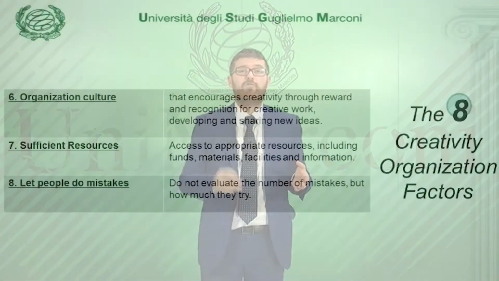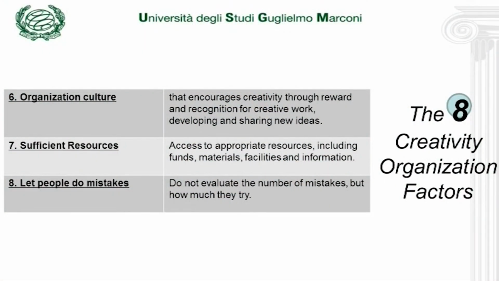Then you have to consolidate an organizational culture around the idea of creativity, with no problem with mistakes, risk or failures. Give them resources in terms of time, and also in terms of costs or budgets, and let people make mistakes. Mistakes are the first step to finding a great solution to a problem.